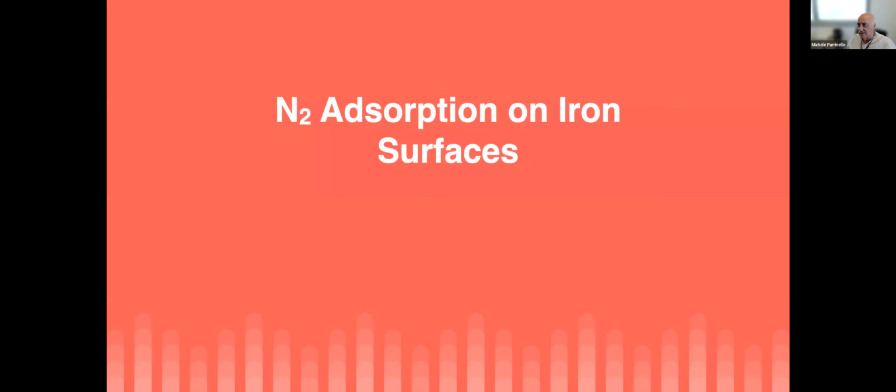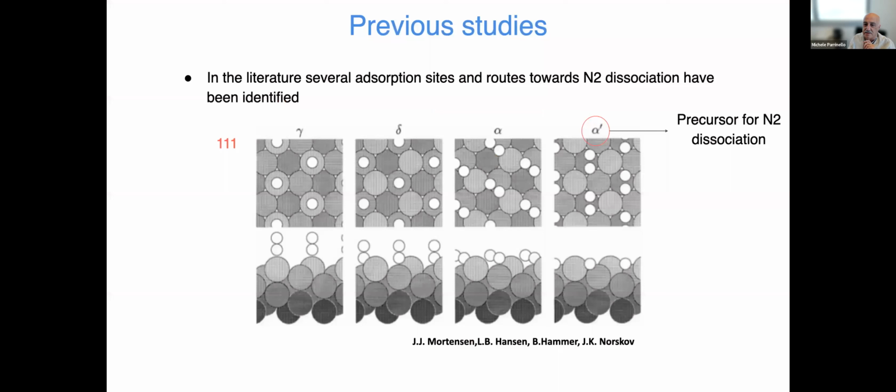Okay, so now we have a hot surface. We want to send a nitrogen molecule onto the surface and see what happens. So there are two phases. One is the absorption, and then there is the dissociation.